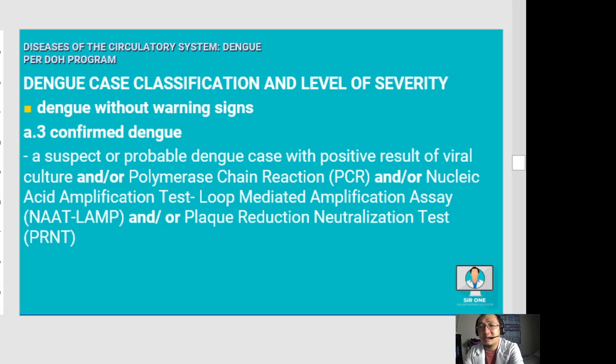These classifications were provided by the Department of Health, Philippines. So either you are a dengue suspect case, probable case, or confirmed case. Aside from the patient's manifestations, it's important that they submit themselves to diagnostic procedures.